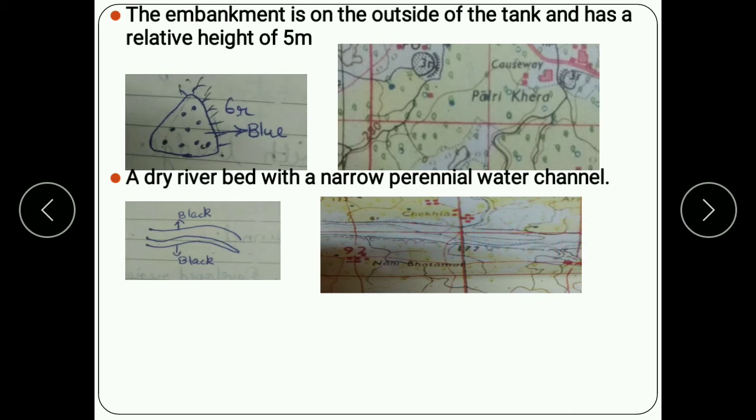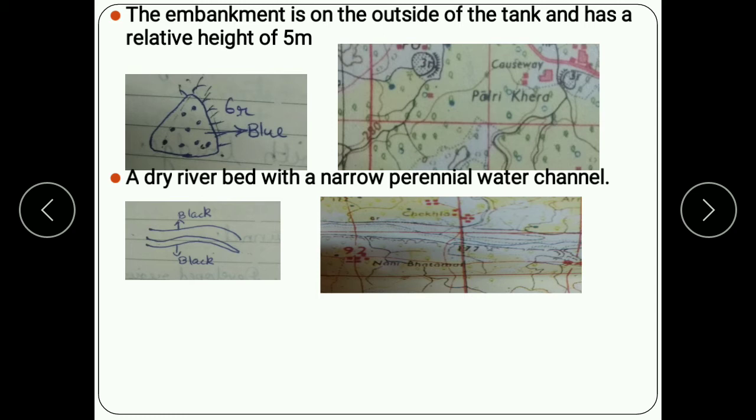In this topographical map, or any topographical map, mostly the rivers are dry in nature. So why are they dry? Because you can see the rivers are in black color, and inside that river so many sediments are also there, and because it is in black color, it means dry.